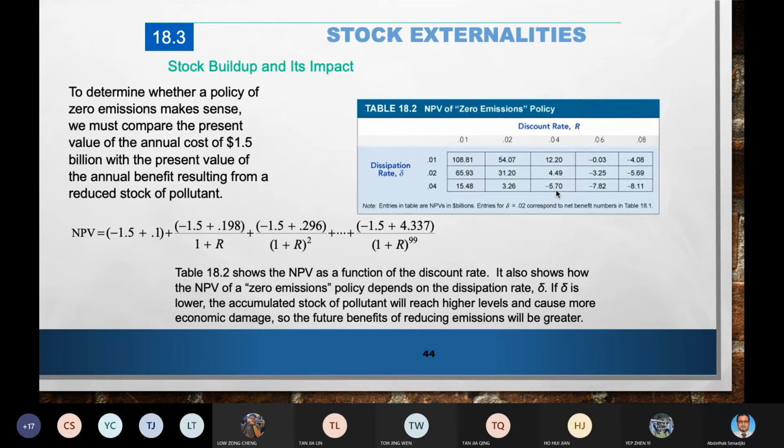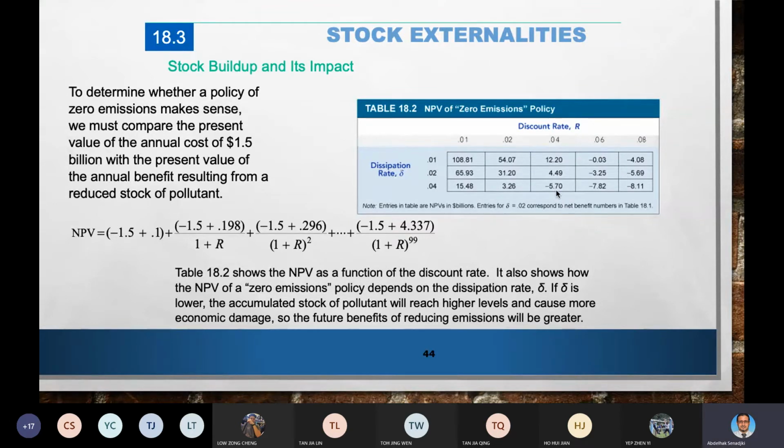Also, this can tell you the reason why countries in the world are always talking about putting more effort into reducing greenhouse gases, and dissipating as much as they can, because actually the stock of greenhouse gas dissipates very slowly, with lambda equal to 0.005.